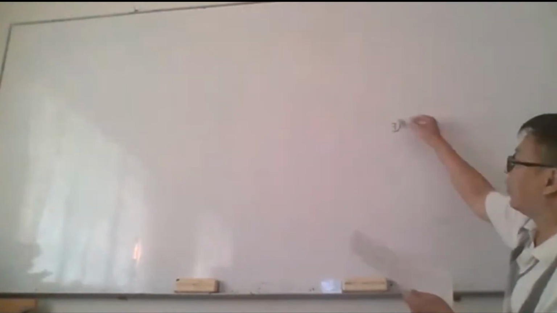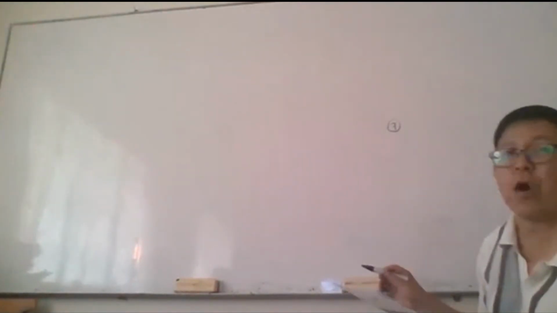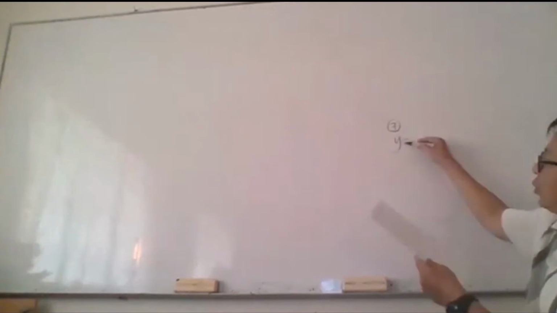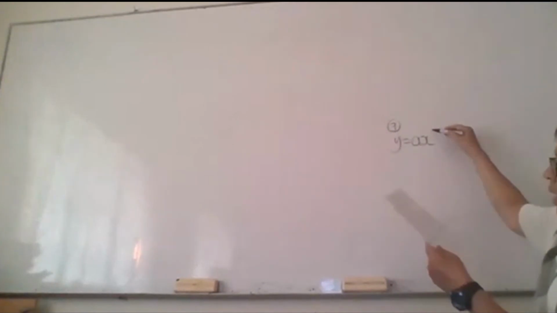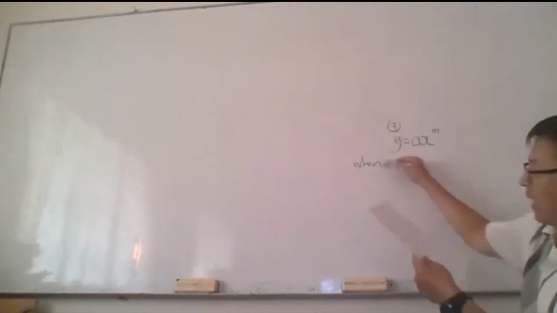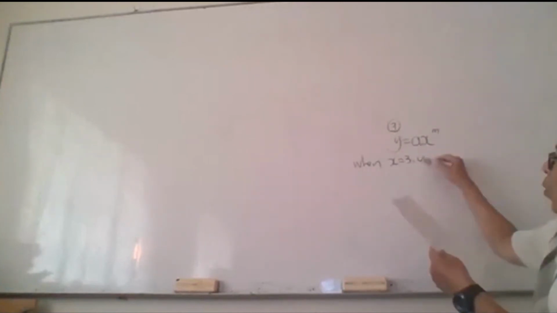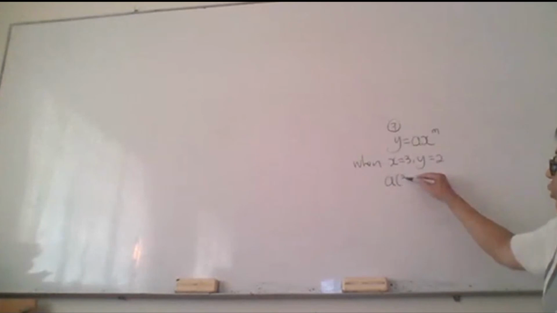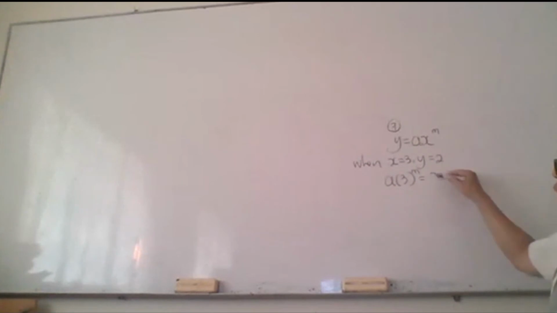So you can find this question in any reference book, workbook. First of all, they give you y equal to a x to the power of m. And then they say that when x equal to 3, y equal to 2. So we need to substitute x and y into that. So a times 3^m equal to 2.